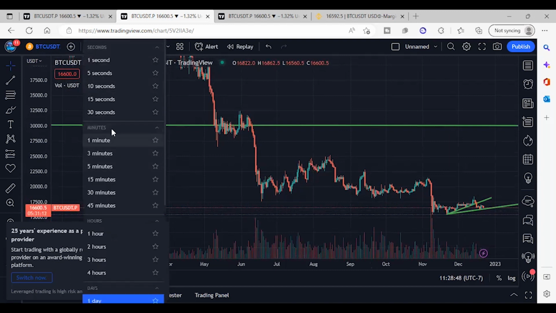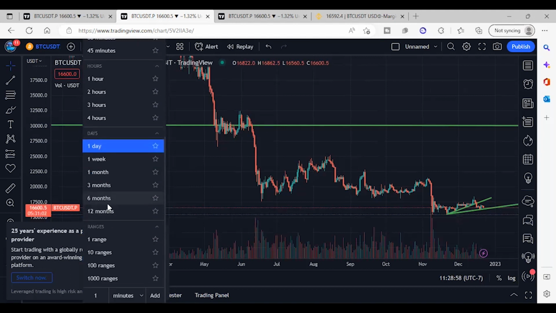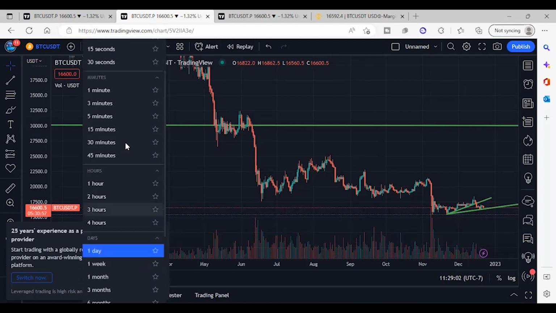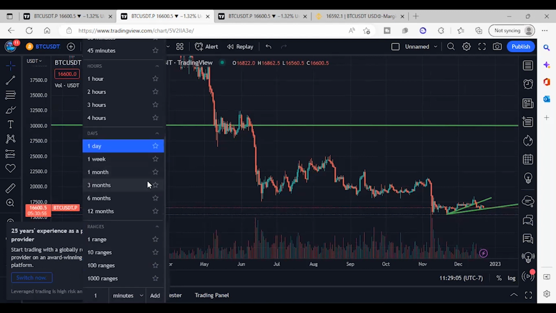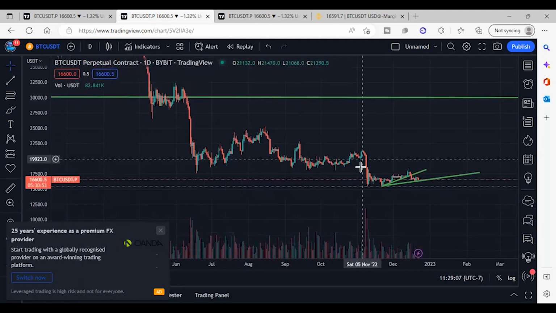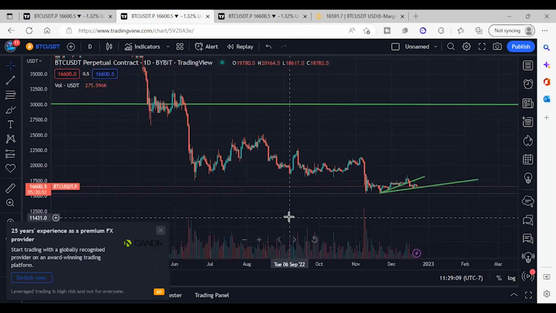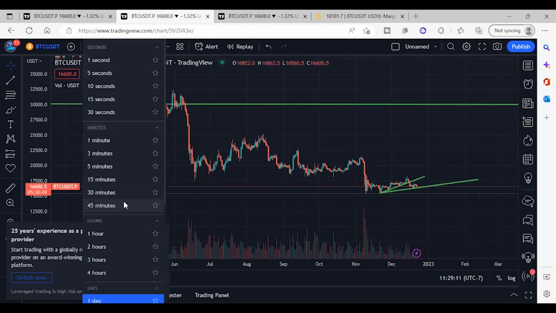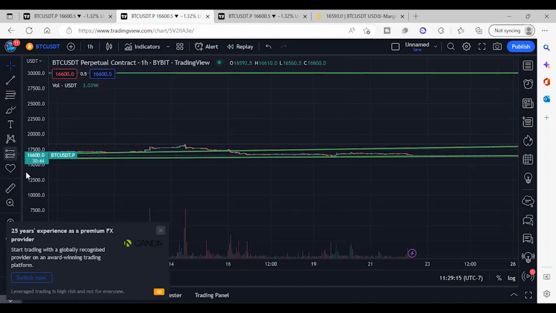When I click that, you'll see this drop down menu with different times: 1 second, 5 seconds, 10 seconds, 1 minute, 3 minutes, 1 hour, and it goes all the way to 12 months. These are called time frames. Right now I'm looking at the daily time frame, and this is what the chart looks like.